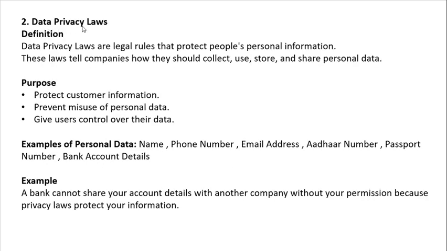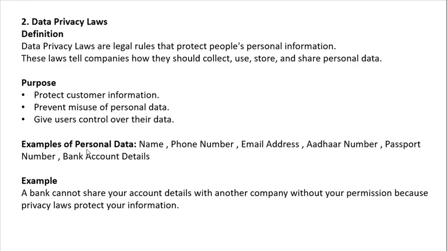Second is data privacy law. Data privacy laws are legal rules that protect people's personal information. These laws tell companies how they should collect, use, store, and share personal data. The purpose is to protect customers' information, prevent misuse of personal data, and give users control over their data.